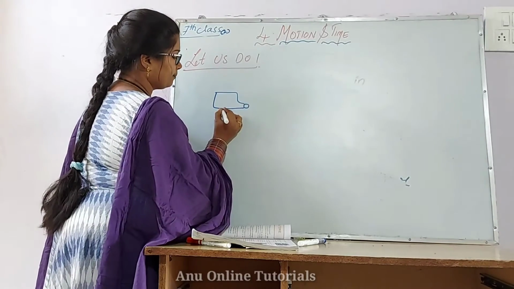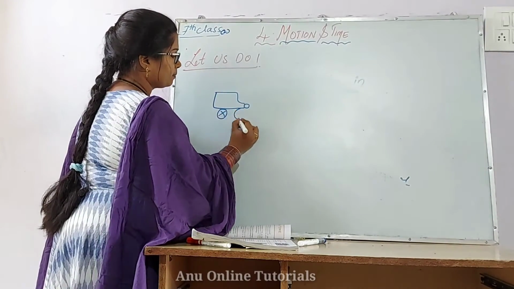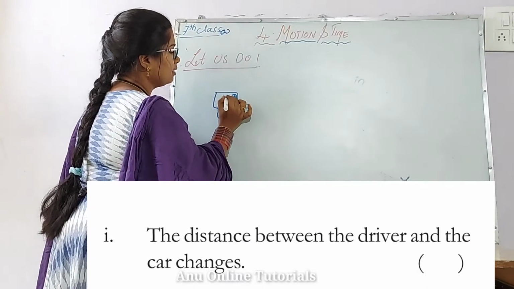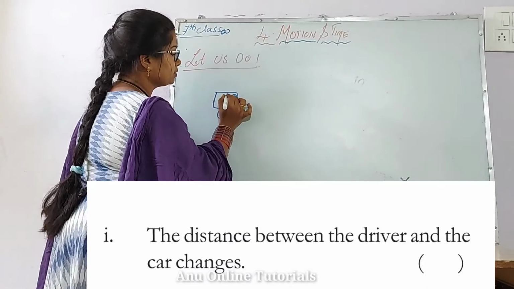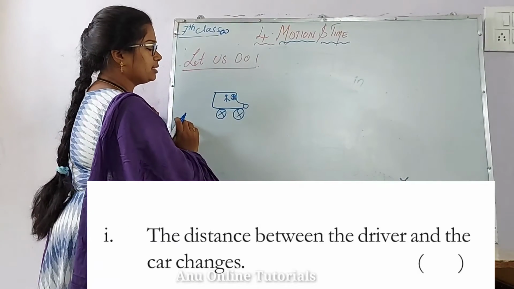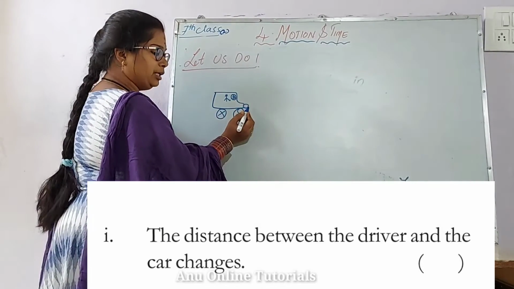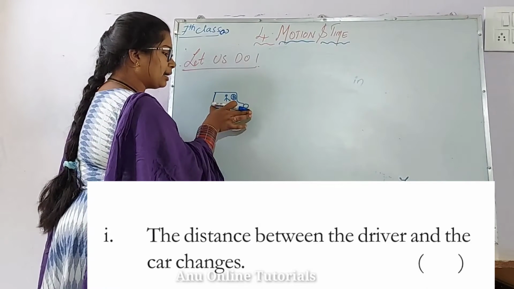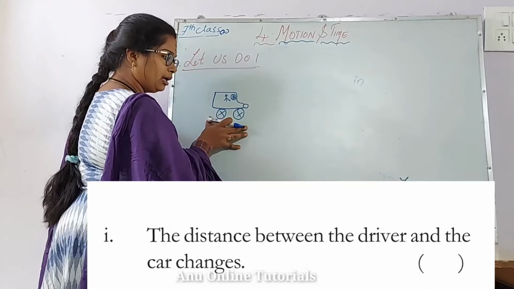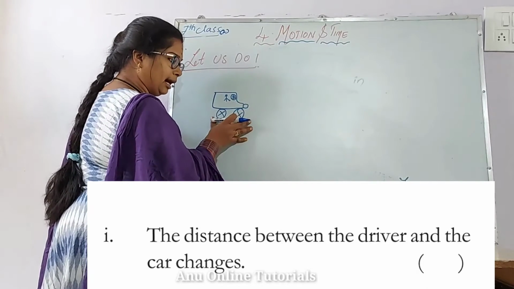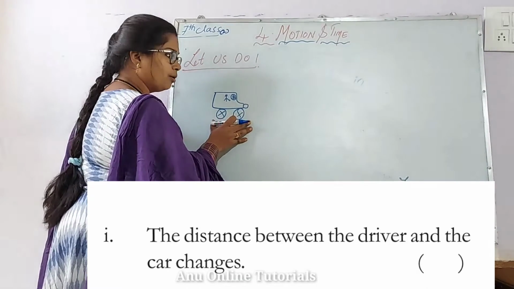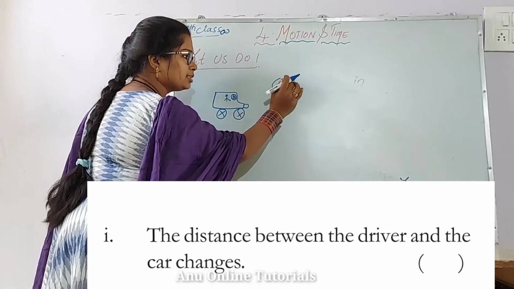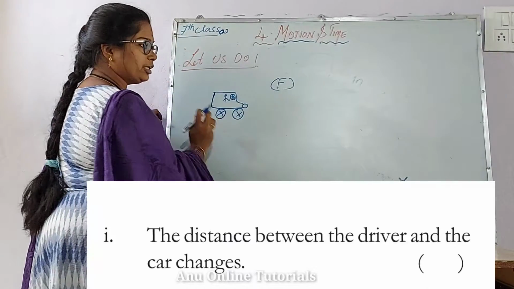This is the car, here is the steering, and the driver is sitting here. The distance between the driver and the car is changing? No, the statement is false. The distance between the driver and the car does not change.